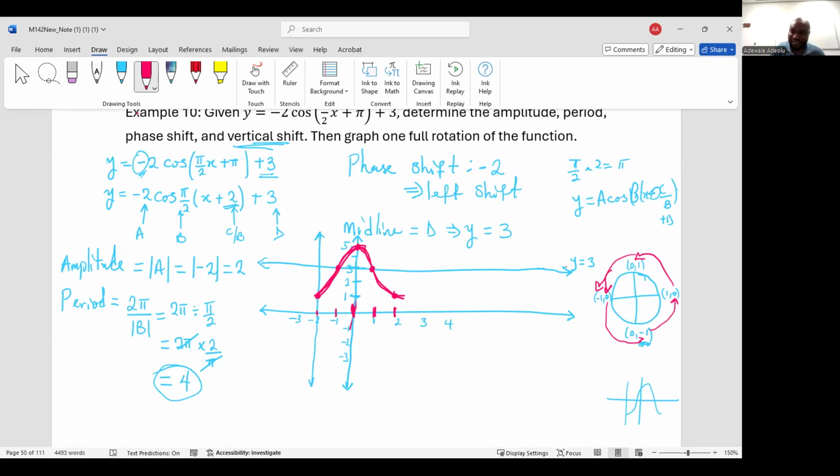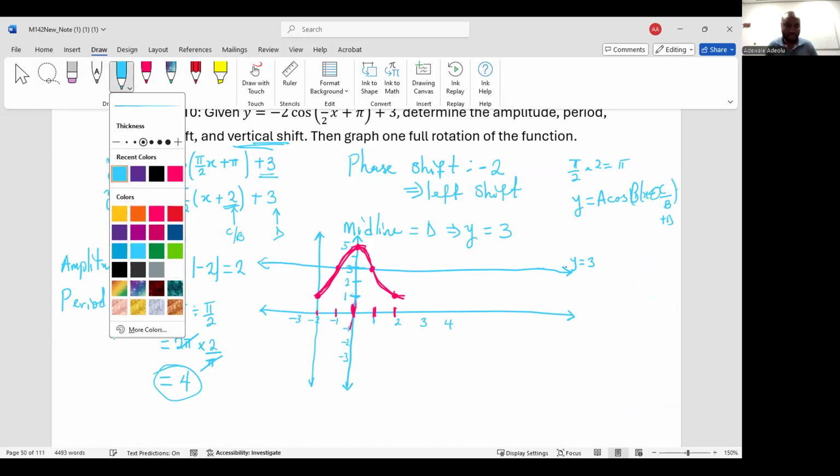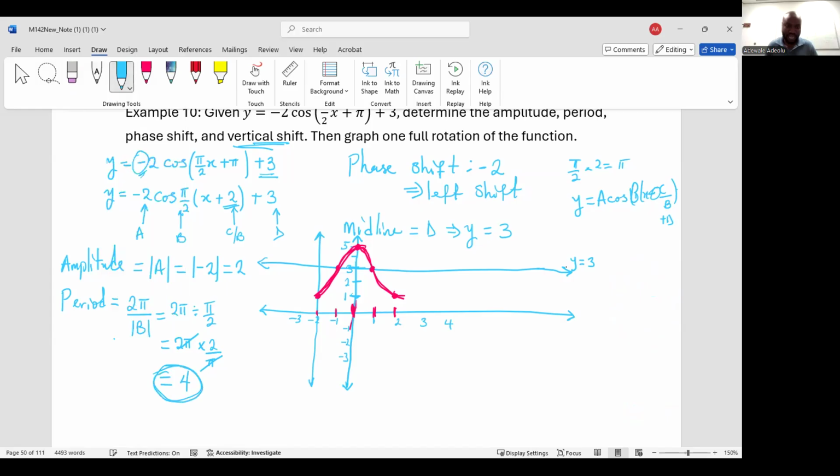I hope this is clear to you. It is fun, I believe. So the most important part in this problem is identifying the period and dividing it into 4. Okay? So when you divide it into 4, then you just move.